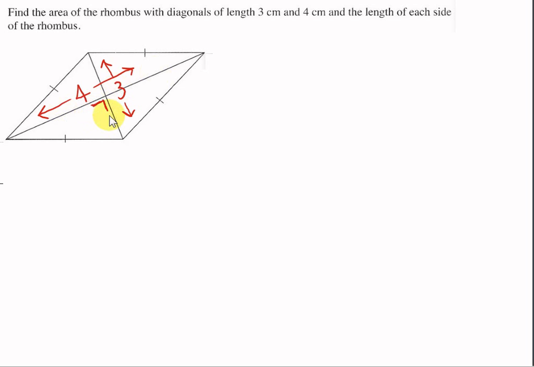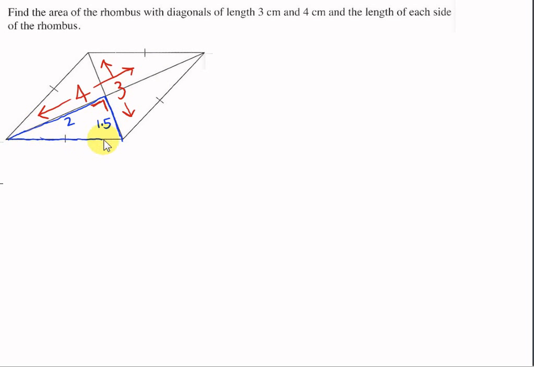So as I just said, the diagonals of any parallelogram bisect each other. So the distance from this point to this point here is half of 4, which is 2. And the distance of this point to this point here is half of 3, which is 1.5. So that enables us to get the length of this side of the rhombus, because we have two sides of a right angle triangle.